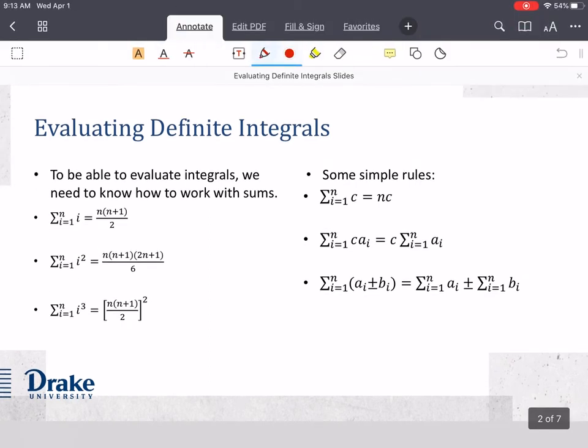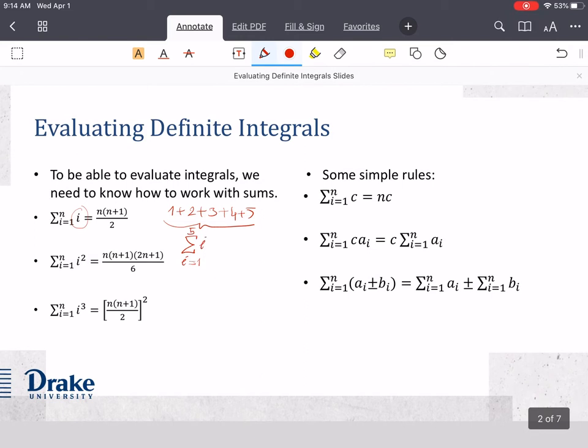So here, what we need to know is that the sum from i equals 1 to n of i can be calculated as n times (n plus 1) over 2. What this means is if you think of a sequence that looks like 1 plus 2 plus 3 plus 4 plus 5, it is basically the sum of i from 1 to 5 of i.